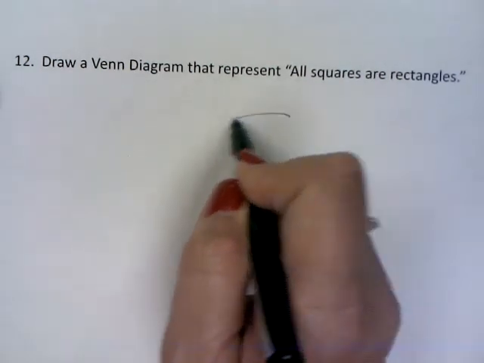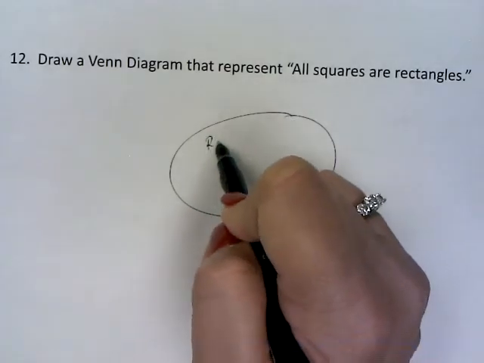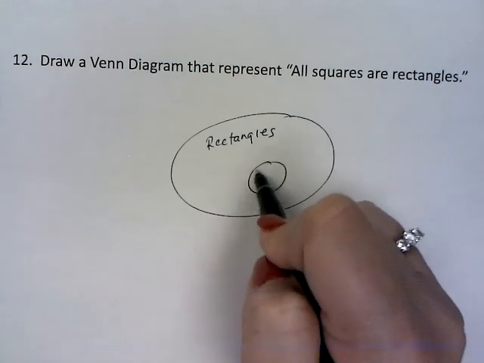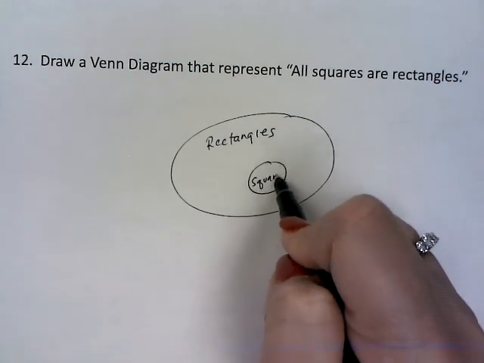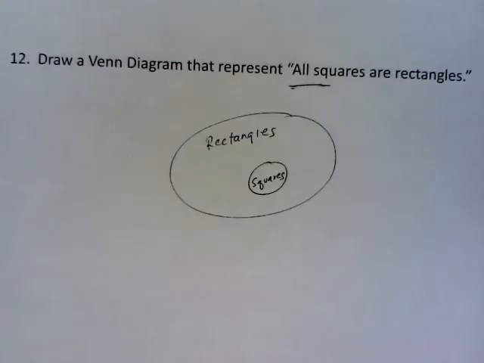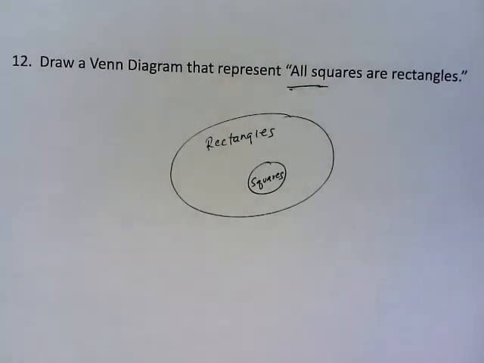So if I have a grouping of rectangles, then squares has to be completely submerged inside for all of them to be rectangles. Okay, questions on that? Guess not, it's a video.